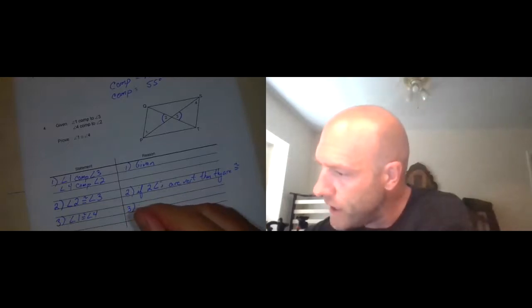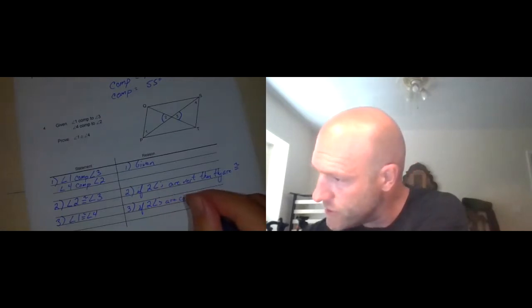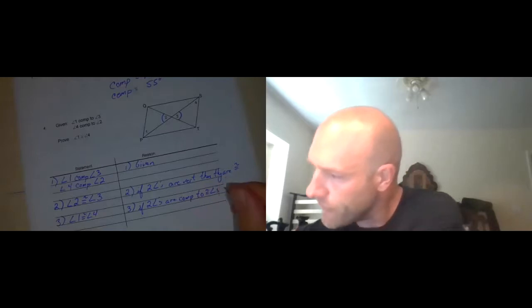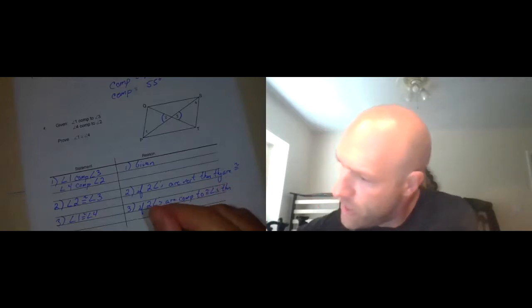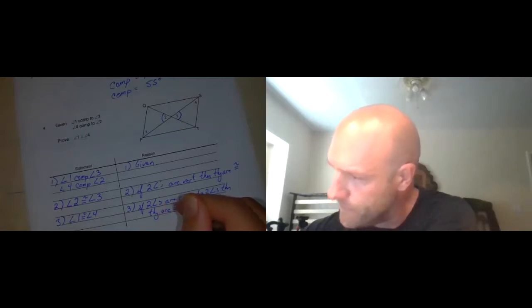My reason will be: if 2 angles are complementary, not to each other, not to the same angle, but are complementary to congruent angles, then they are congruent.